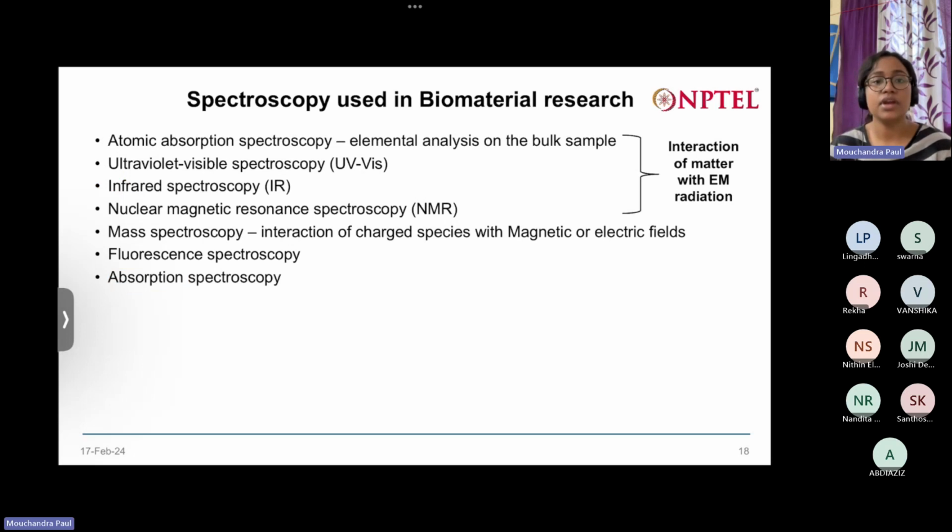Now, there are various spectroscopic techniques that we use to understand our biomaterials. What is basically spectroscopy?